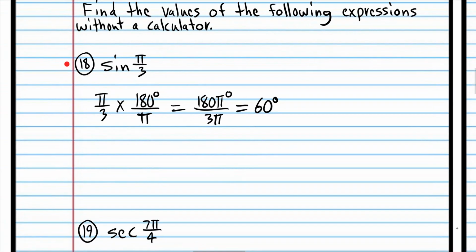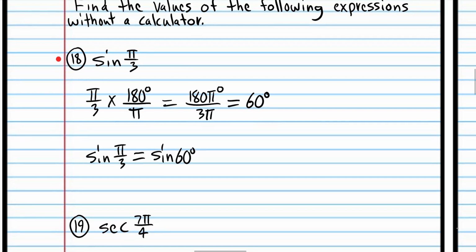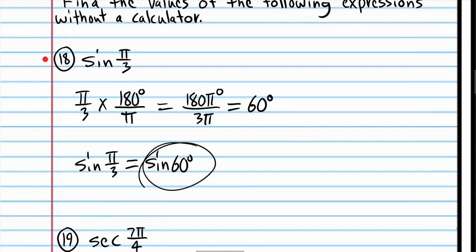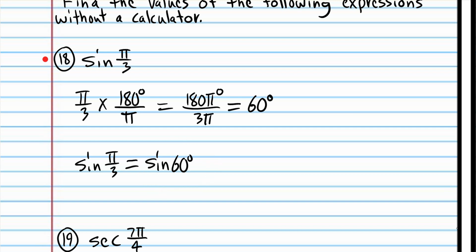So what this means is that sine pi over 3 is actually the same thing as sine 60 degrees. So now we can determine what this is. It's very difficult to figure out what sine pi over 3 is because we just don't recognize pi over 3.